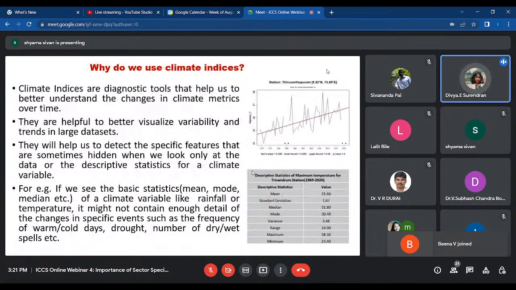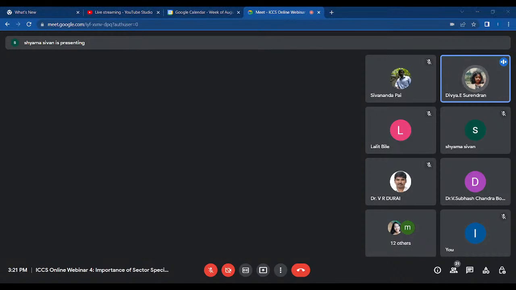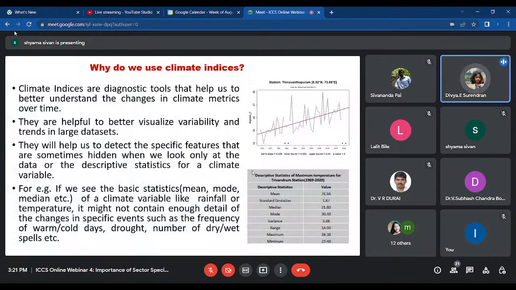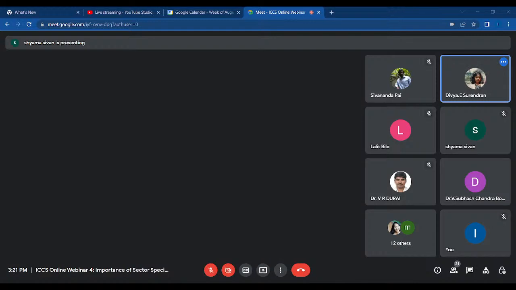Next slide. So why do we want to use the climate indices? Basically, they help us to understand the changes in climate, how it was changing.